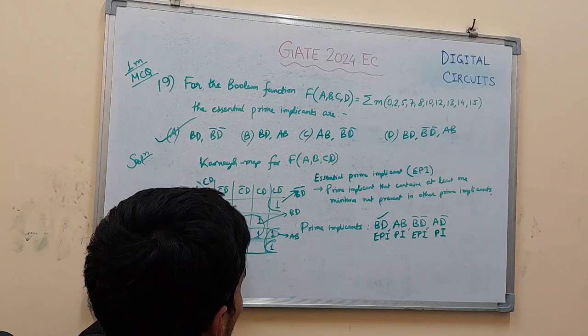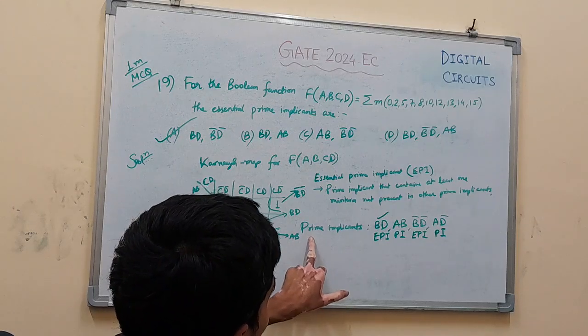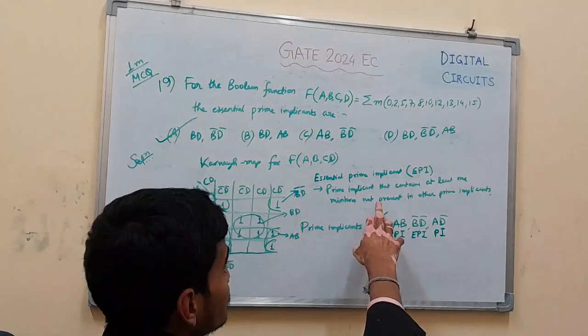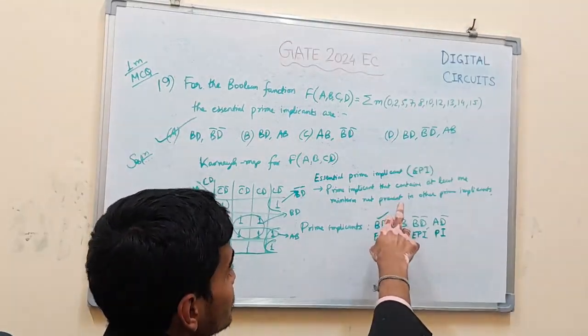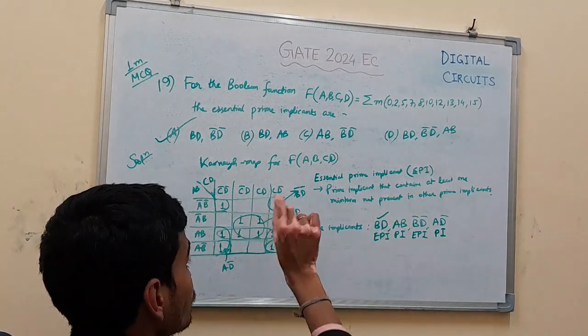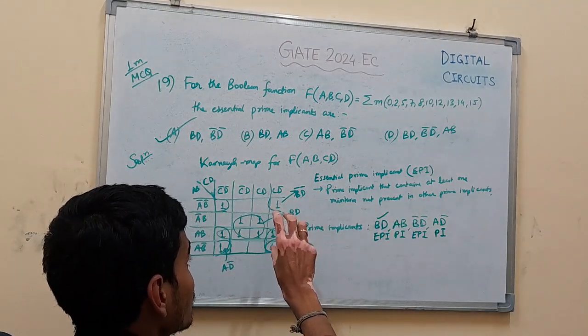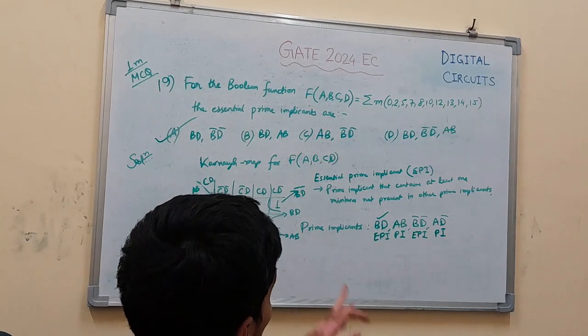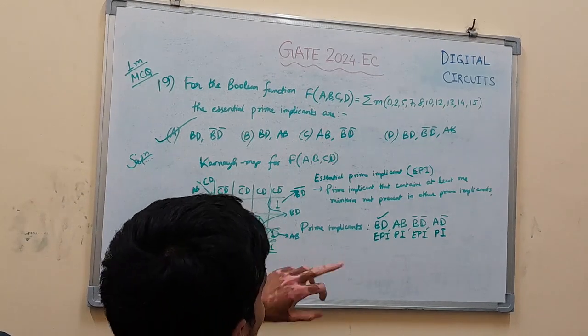From there, by forming the groups, we get to know the prime ingredients. Now, by this definition, an essential prime ingredient is one that contains at least one min term that is not present in other prime ingredients. We have to check which of the prime ingredients have unique min terms which are not common with other prime ingredients.